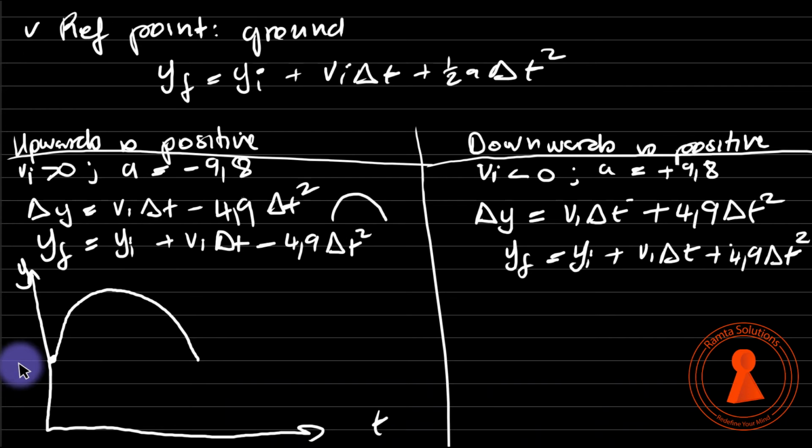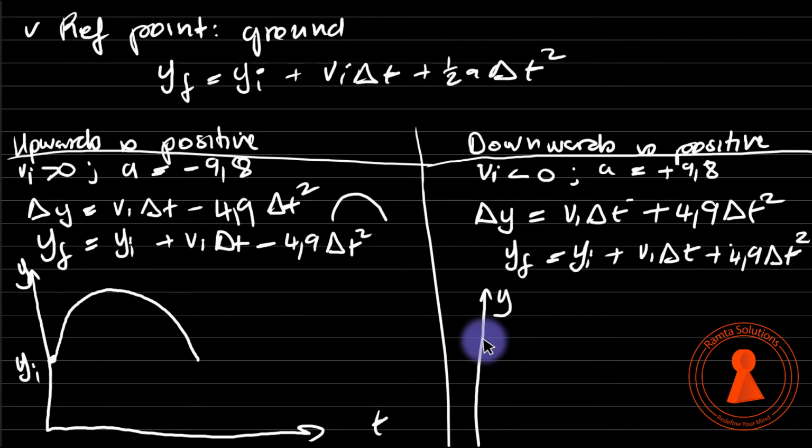So this is the graph. Can you guys see that? This is your y-axis, the height above the ground. The hilltop is the height above the ground, and it returns to the same position. Good.